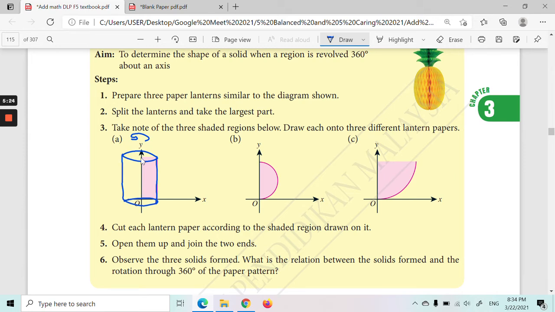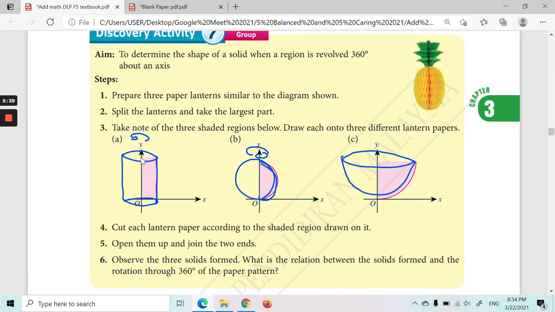And if this shape rotates 360 degrees about the y-axis, you will obtain a sphere. And this shape, if rotated 360 degrees about the y-axis, you will obtain a ball like this. So for the basic shapes like sphere and cylinder, we can use the basic formula to find the volume.